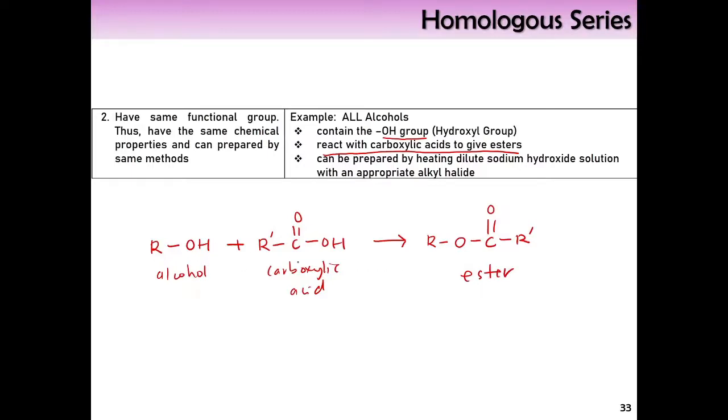So all alcohols can undergo the same reaction. For example, let's say ethanol, so R I change into CH3CH2OH. This is ethanol plus, let's say, CH3COOH, ethanoic acid.